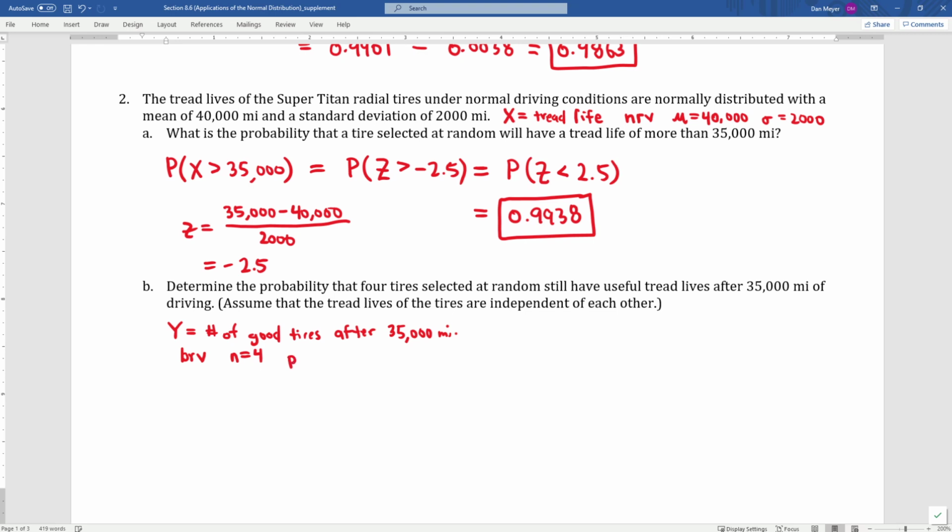And the probability that it's still good, that was the thing that we found in part A. The probability that the tire is still good is 0.9938. And the probability that our tire fails, the q value here, would be 0.0062.